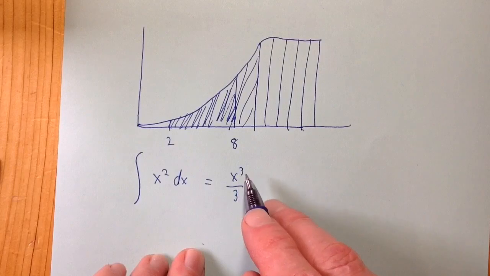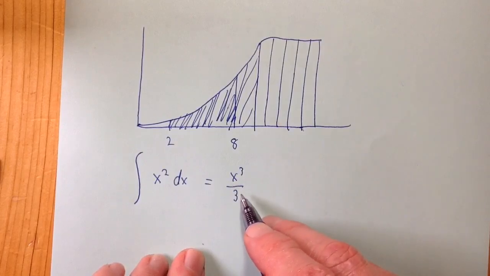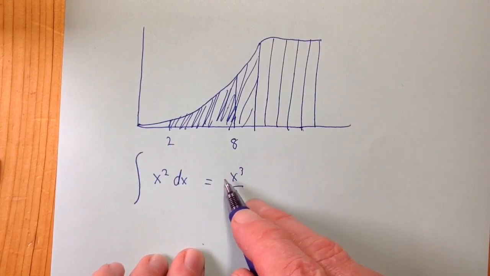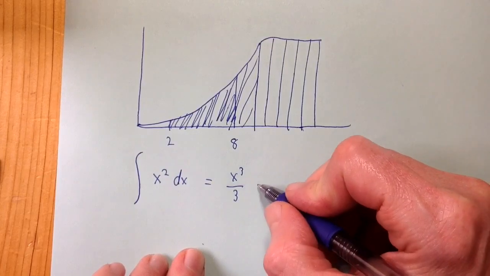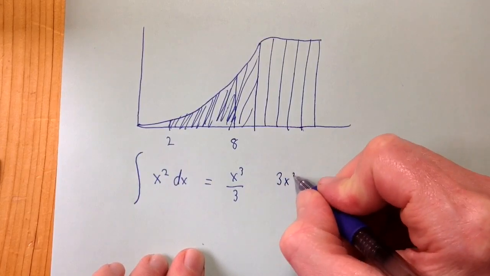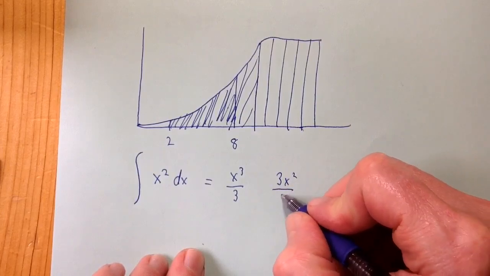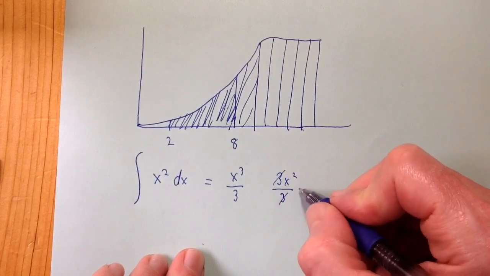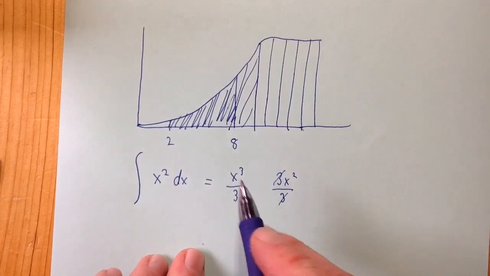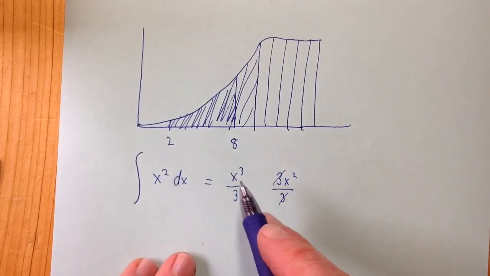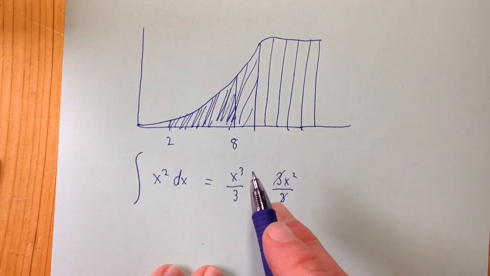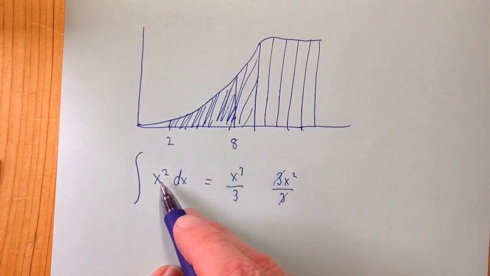If we take the derivative of x cubed over 3 using the rule we just found, this would be 3 times x squared, so the derivative would be 3x squared over 3, which is just x squared. So the integral of something is the antiderivative. The answer is what you take the derivative of to get this back. And that's called the fundamental theorem of calculus.